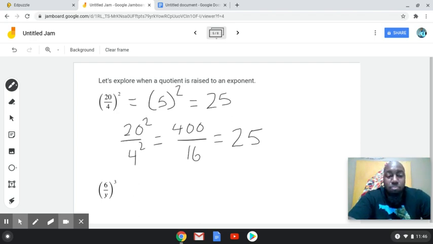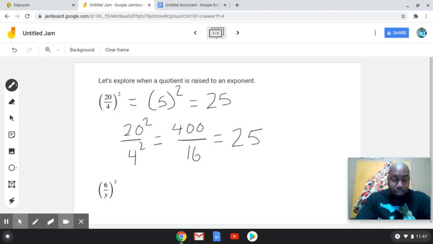So when we look at a problem like this, we can see that if we cannot divide two terms where you have a numerator and a denominator and it's not divisible, but you're raising both of them to a power, you can just distribute that power to both the numerator and the denominator as well. Let's try not a number, but this example down here at the bottom.